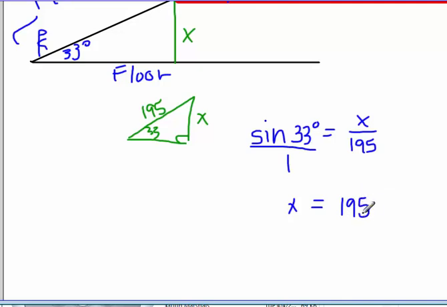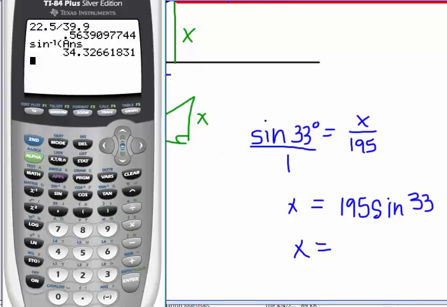And at this point, we take out our handy dandy calculator, making sure it's in degree mode, of course, and we multiply it through. And we will have the height of our platform. Now our platform is not going to be bigger than 195, because again this is a right triangle and the hypotenuse is the longest side.